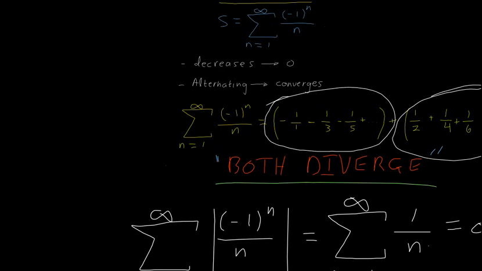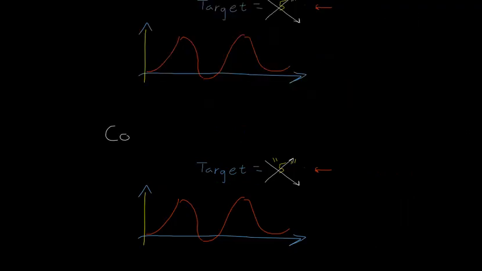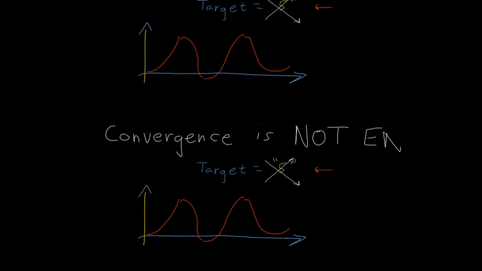So the lesson here is simple. I want to write one more thing that is very important. The lesson is very simple, and that is: convergence by itself is not enough.